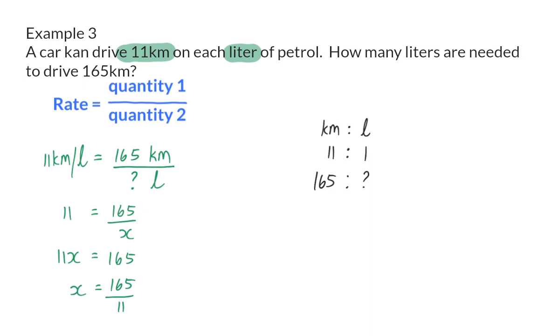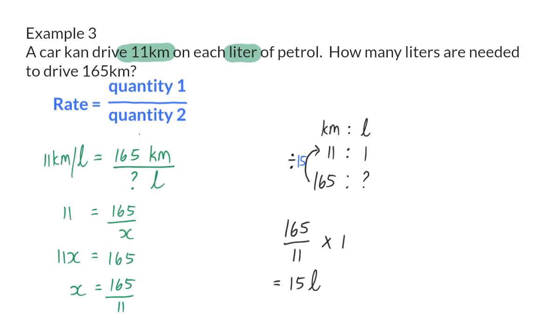In lesson 3 on ratios, we saw that when you want to determine a specific value in the ratio, you start off by taking the known value and dividing it by the number of parts it represents. This you then multiply with the number of parts on the other side. 165 divided by 11 is 15, and 15 times 1 is 15 liters.